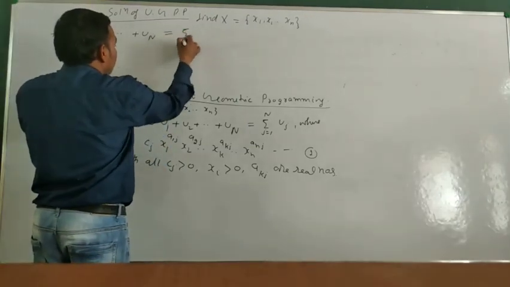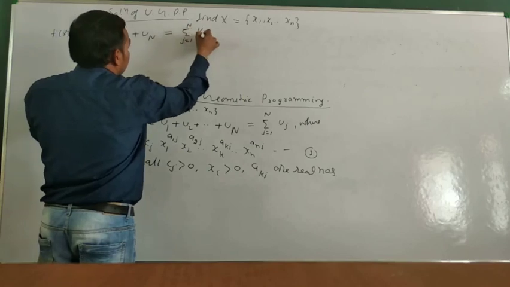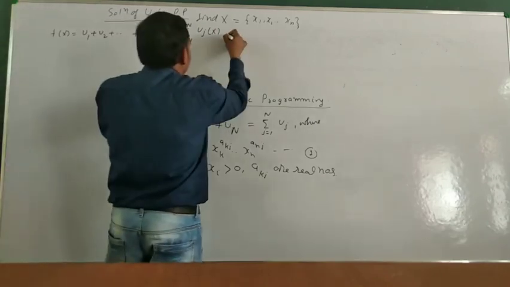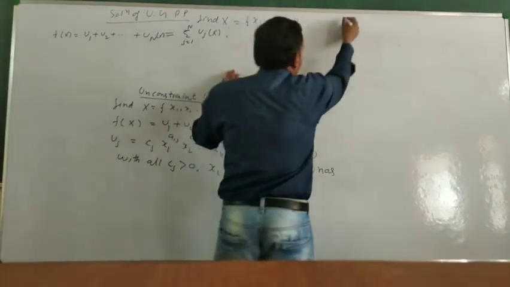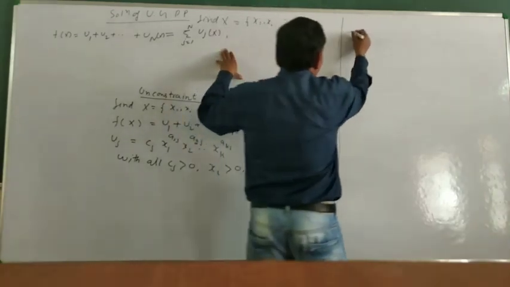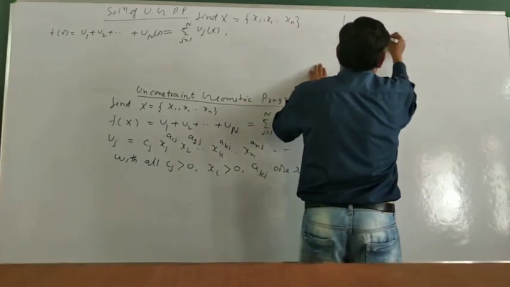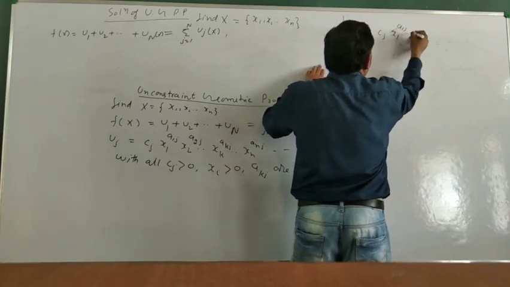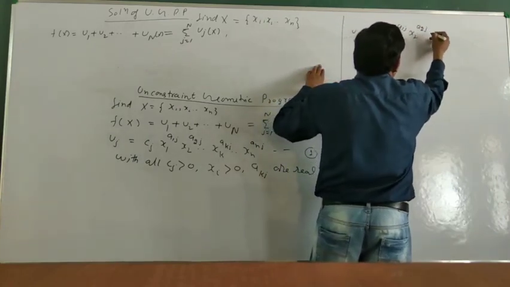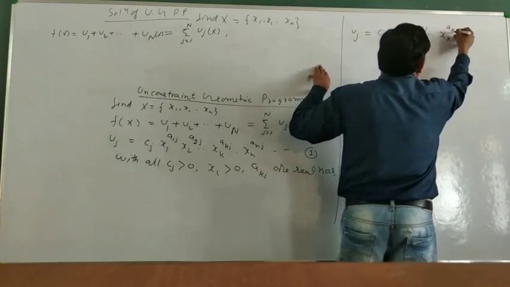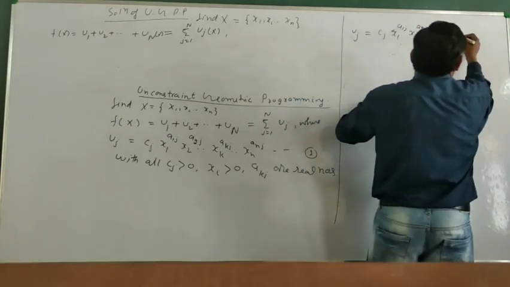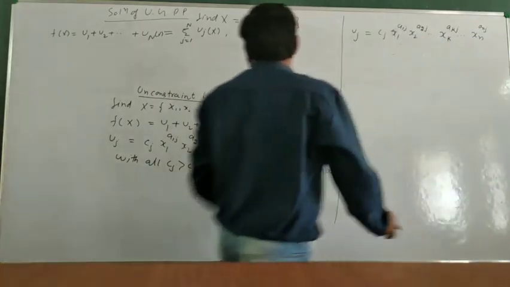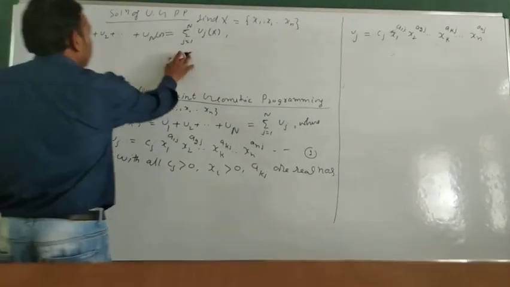that is, the sum over j equal to 1 to n of uj(x), where uj equals cj x1^a1j x2^a2j up to xk^akj up to xn^anj.